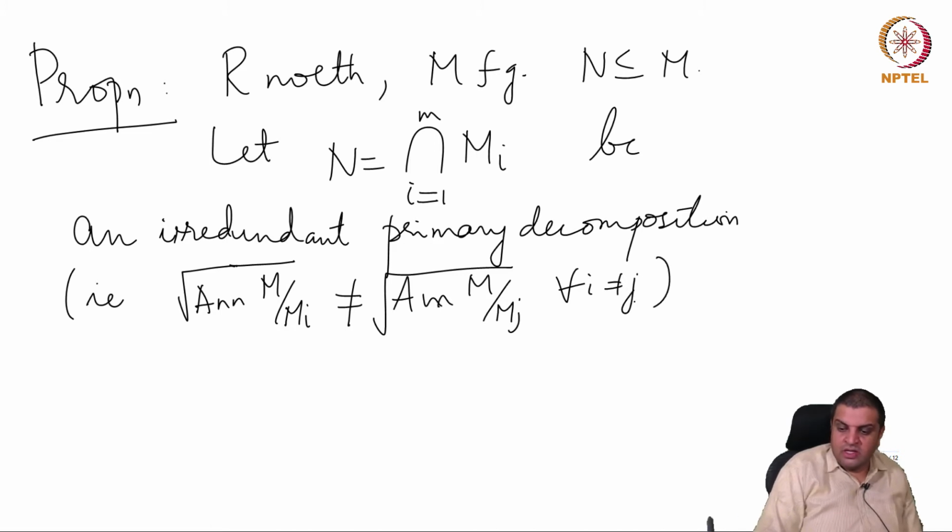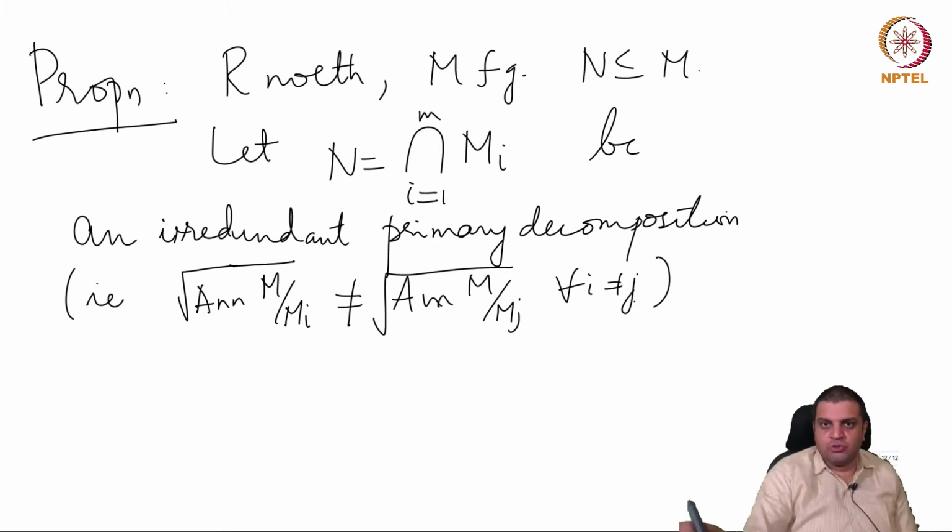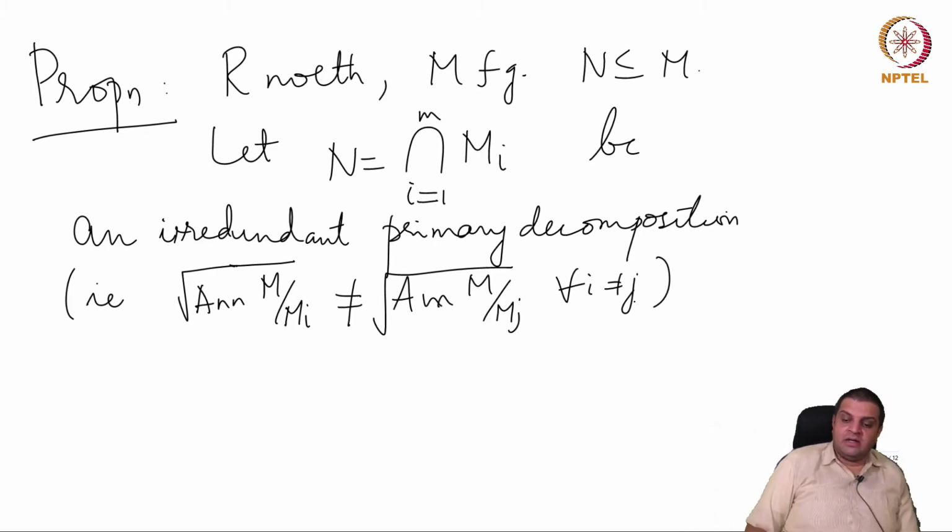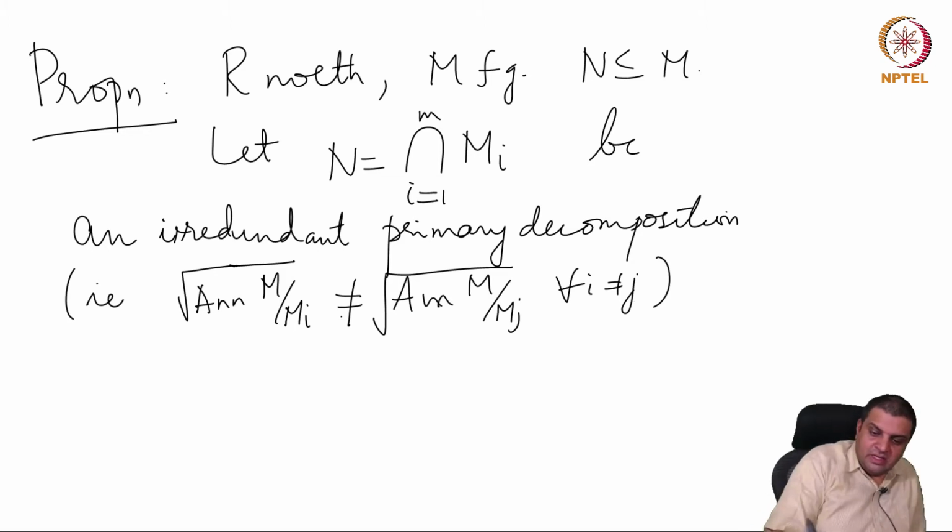This we saw. Given a primary decomposition, we can combine the factors corresponding to the same associated prime and rewrite them, and such a thing would be an irredundant primary decomposition. That is what irredundant means.